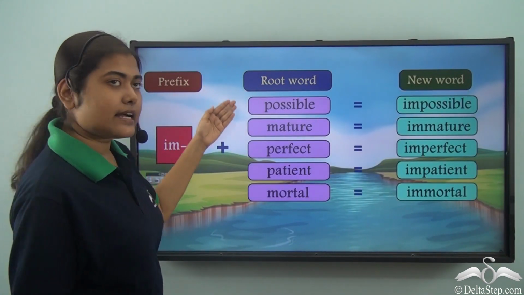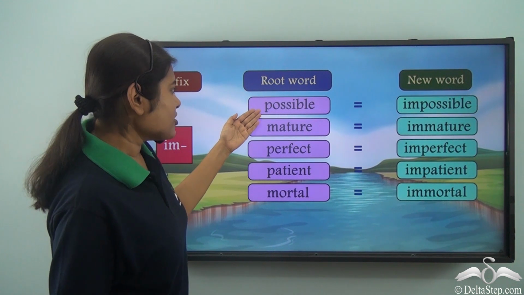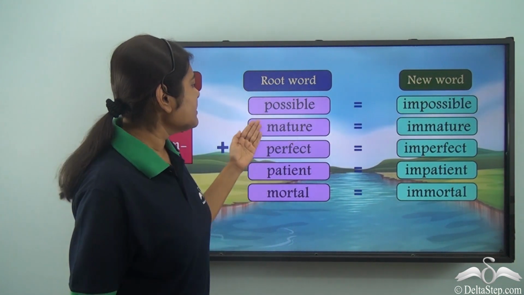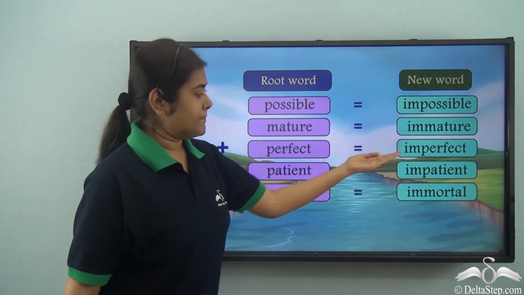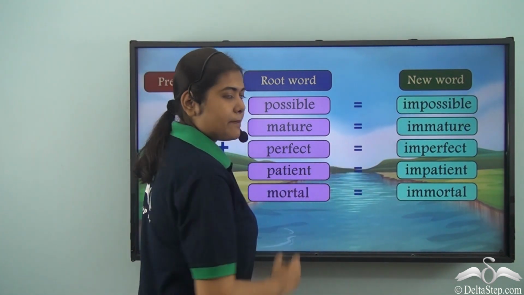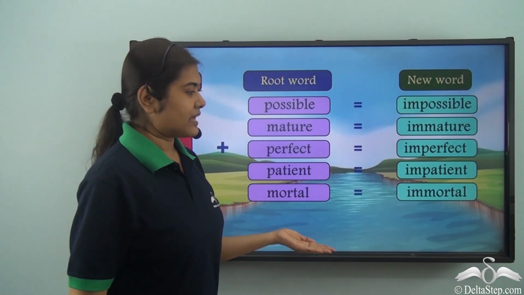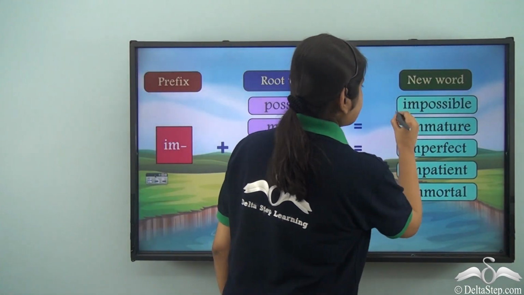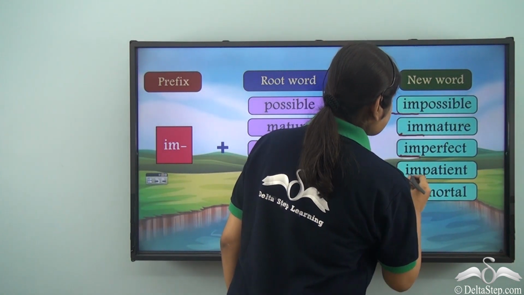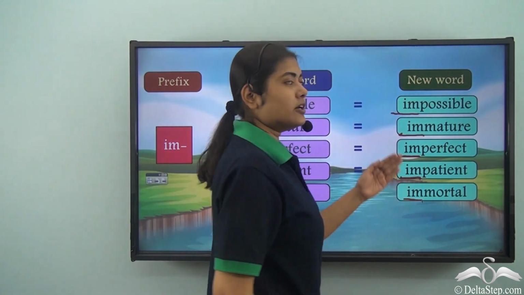So, these are some more examples. So, possible becomes impossible, mature becomes immature, perfect becomes imperfect, patient becomes impatient, and mortal becomes immortal. So you see, in all these cases, we have the prefix im added to the main word.